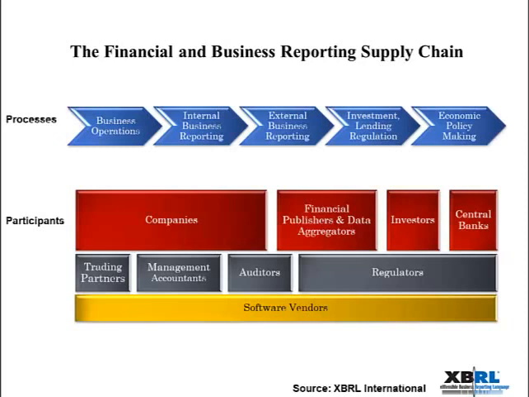Trading partners would be involved in any kind of mergers and acquisitions. Management accountants, all internal and external auditors, and all regulators, because they would require that all data be accurately reported and comply with Sarbanes-Oxley. And finally, the software vendors, who are selling software that creates XBRL files.